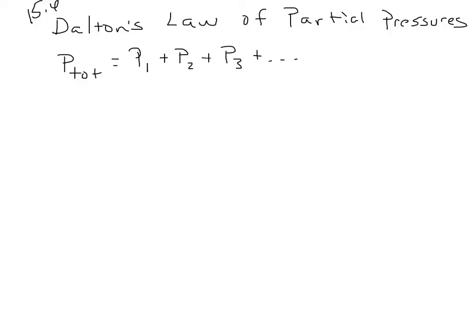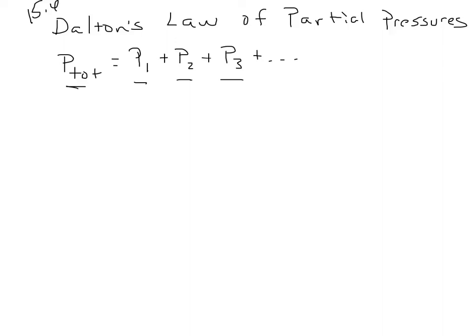Alright, in section 15.6, there's just one thing that I really want to make sure you're familiar with, and that's called Dalton's law of partial pressures. What it says is, if you add up all of the pressures of individual gases in a container, you'll get the total.